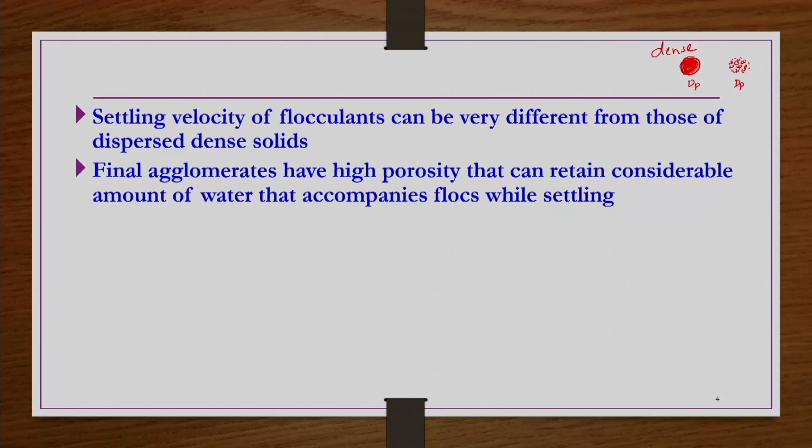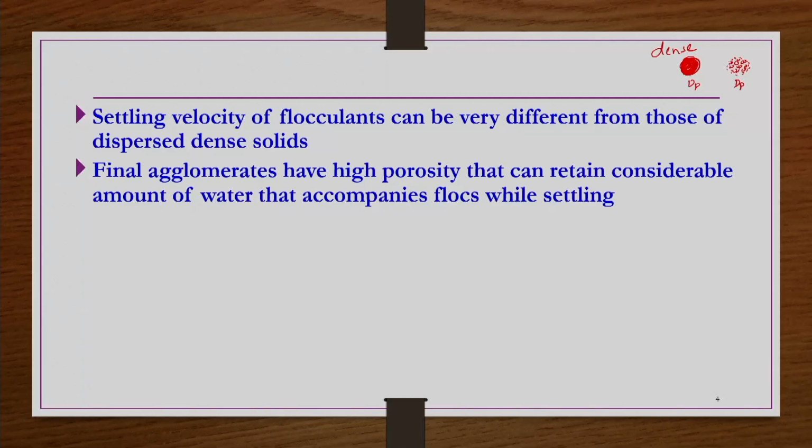So obviously its settling velocity is going to be much higher compared to the settling velocity of the same size flocculant particle like this. Here the floc is formed from fine particles, and between the fine particles the agglomerates have a porous structure, with interstitial space.